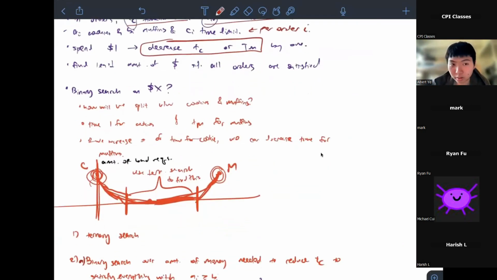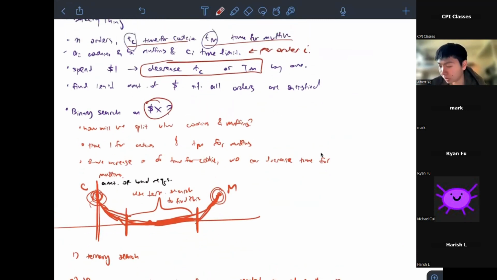So let's do binary search on the amount of money we need, basically. So how much will we split between the cookies and muffins? Notice that if no split exists for X dollars, then no split can exist for X minus $1.